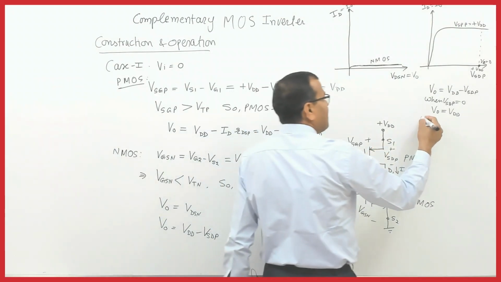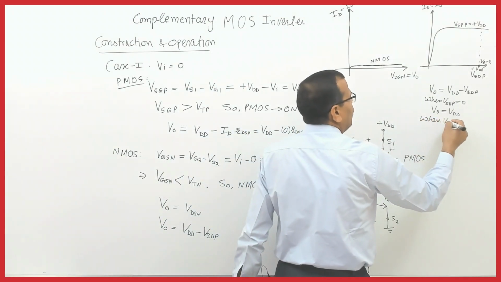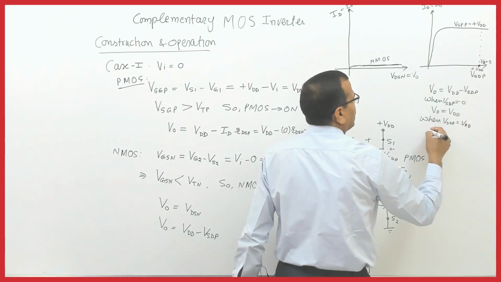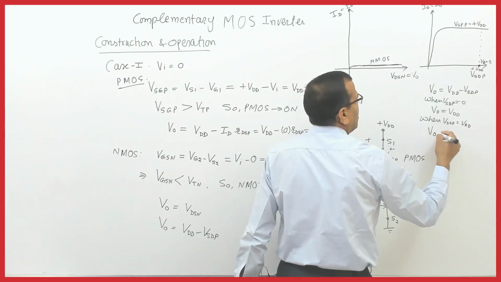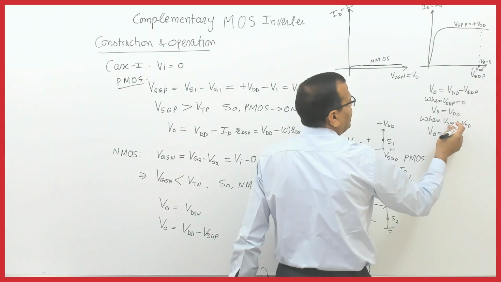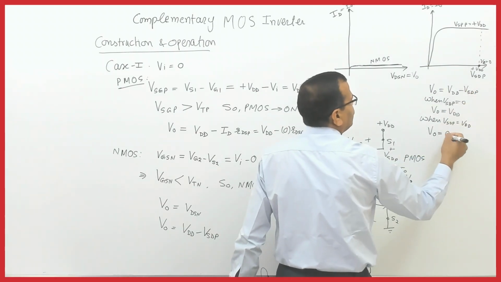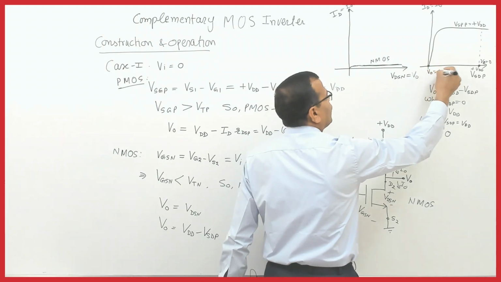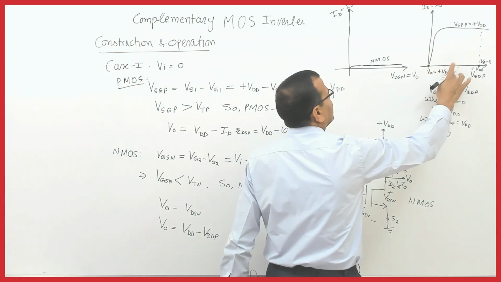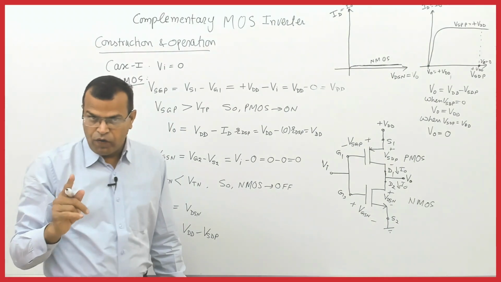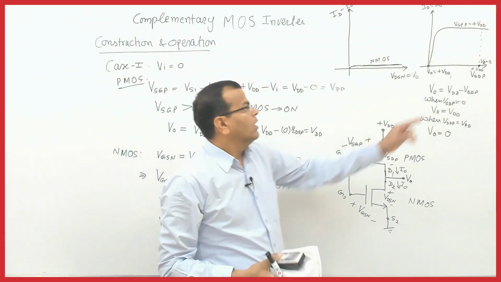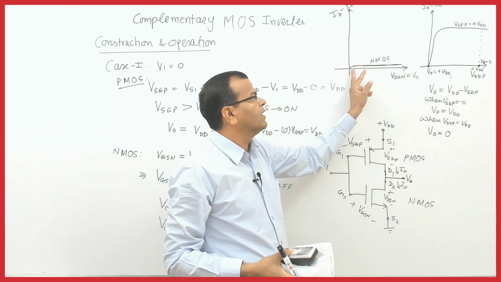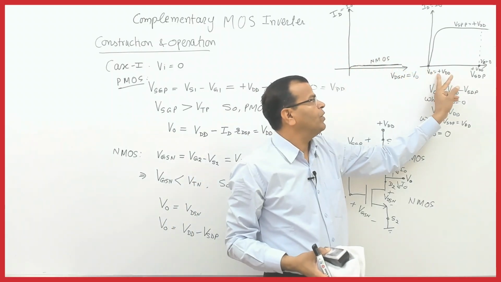And when VSDP is equal to VDD, what will be output? When VSDP is equal to VDD, this will be 0. So it means this corresponds to V0 equal to plus VDD. That's it. Now what I mean to say is, this corresponds to V0 equal to 0, and this corresponds to V0 equal to VDD.